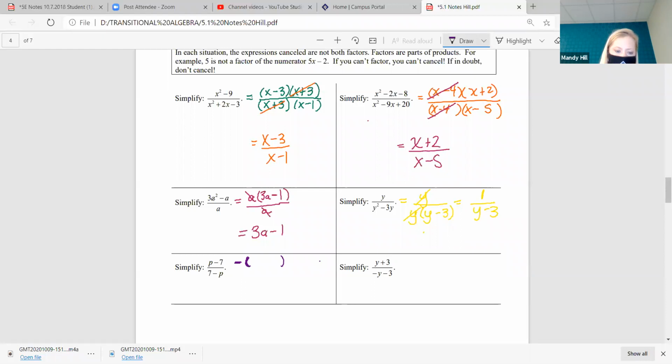So if this was a positive P, it becomes negative P. If this is a negative 7, it becomes positive 7, because negative means the opposite. So I can pull a negative out of this, and this is what I get, the opposite of what I had before. And why that matters is because now we have 7 minus P on the bottom.